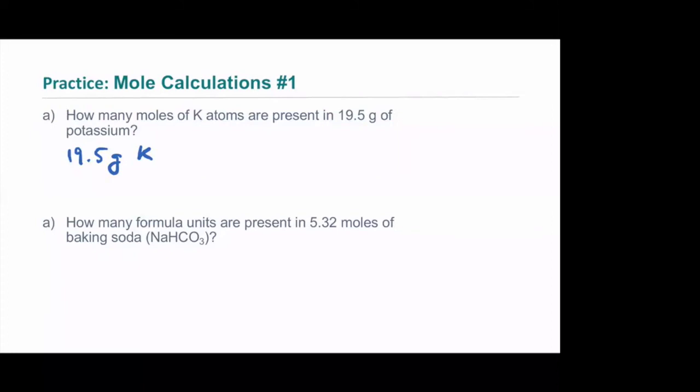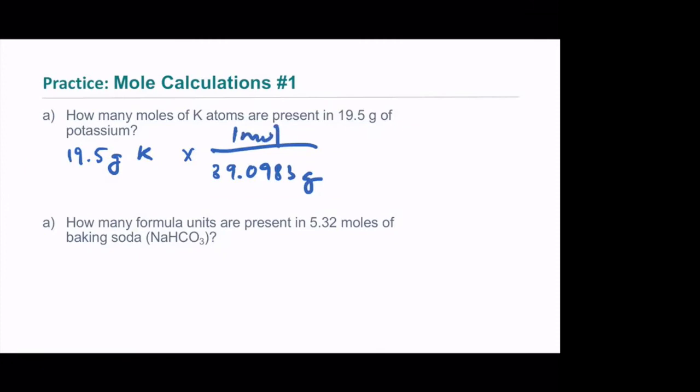Your periodic table says potassium is 39.0983. That's going to go in the denominator, right? Grams in 1 mole. Notice I took plenty of sig figs. I usually tell my students always take 1 more than what you're limited by, and your answer in the end will only be 3.